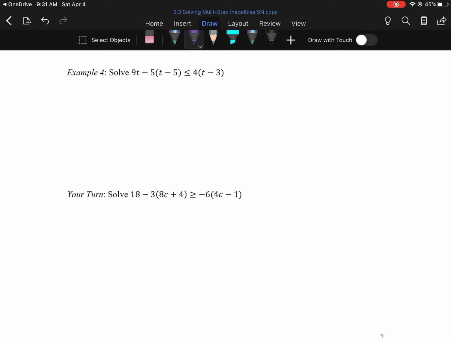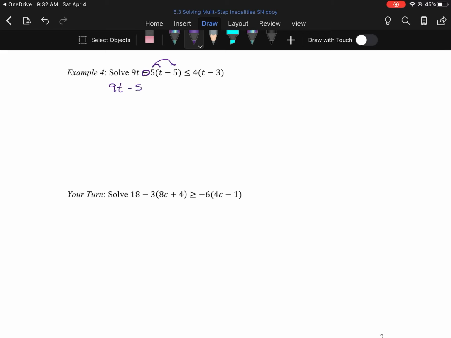I'm just going to go ahead and erase that so we can see it clearly. This one, we have more than one variable. We have parentheses with numbers outside of them. So we get to have some fun and use distributive property. So the first thing I see is I need to distribute the 5 to both of those. Now, I said 5 on purpose, but you need to look at this. And that negative sign right there, that needs to go along with my 5.